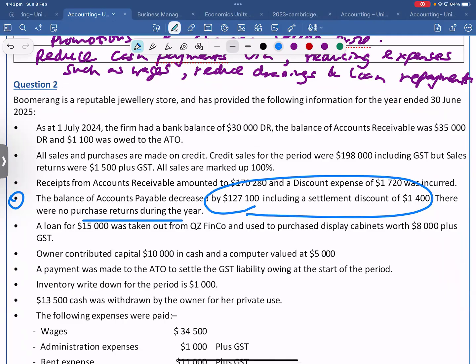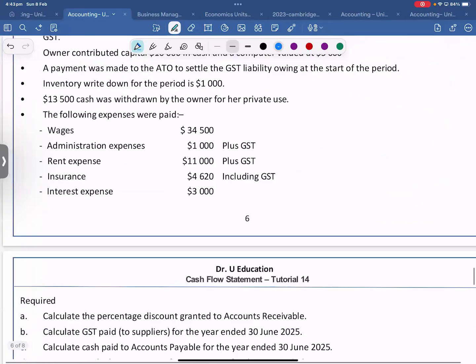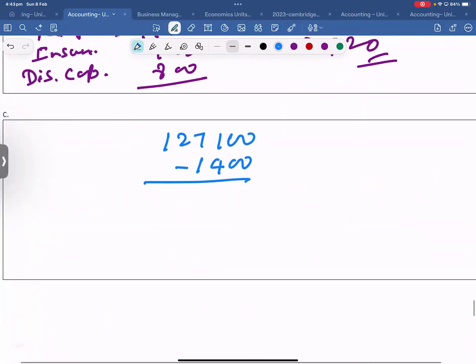So does this 127,100 include the 1,400? Is it inclusive? Yes, it is inclusive.